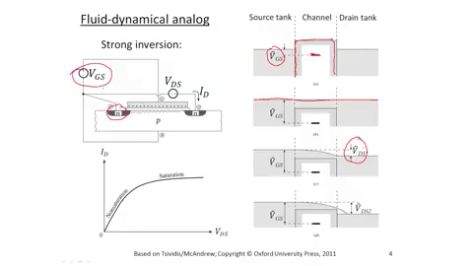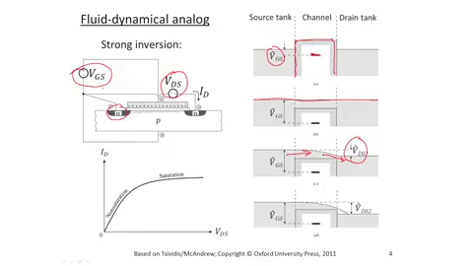This distance here corresponds to VDS, which is this quantity over here. And now you can see that water will flow in this direction and go into the tank. If you have very large tanks, or if you connect externally a pump that maintains the water flow, you can achieve steady state, during which water will keep flowing from the source through the channel towards the drain.